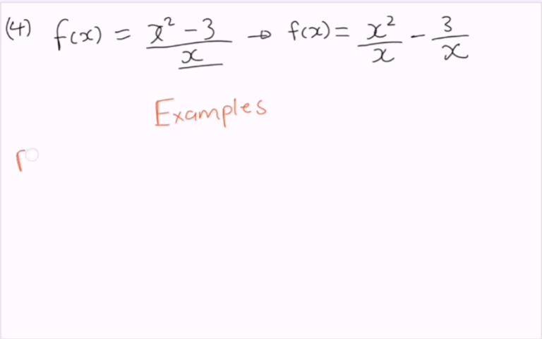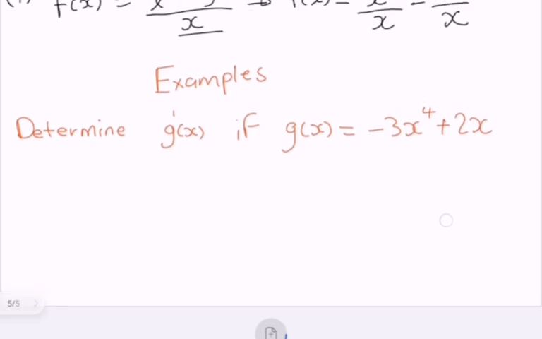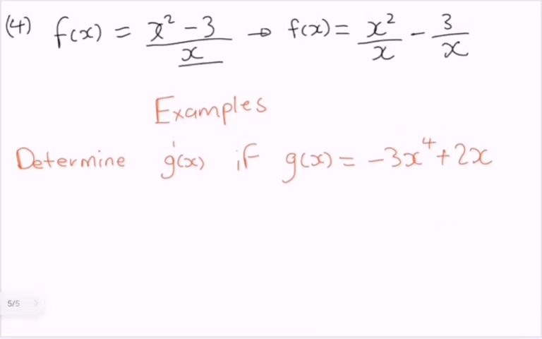The examiner will say determine the first derivative of g of x if g of x is equal to negative 3 to the power of 4 plus 2x. So you don't panic. All you have to do is remember those rules that we spoke about. You should just know which rule is applicable. So you look at the question carefully, then you analyze.